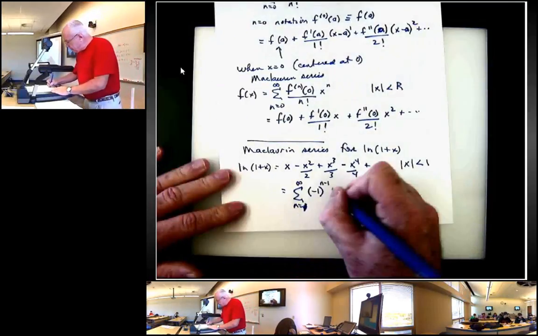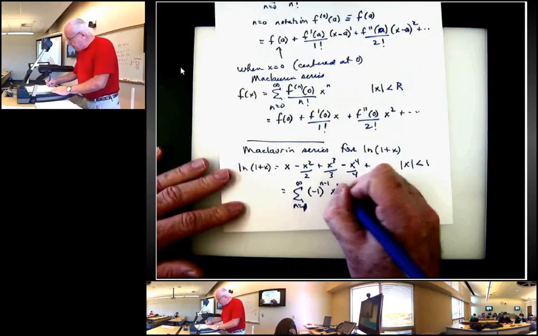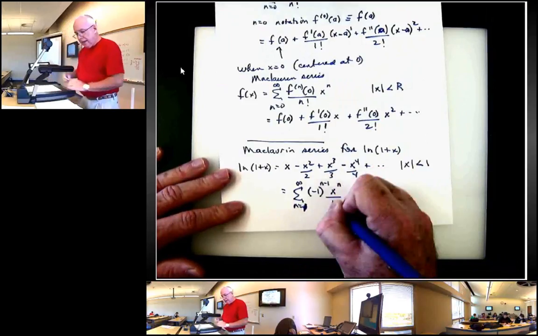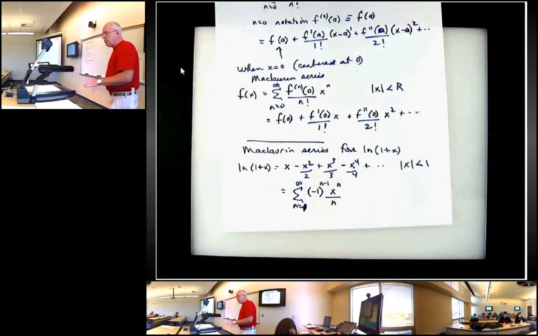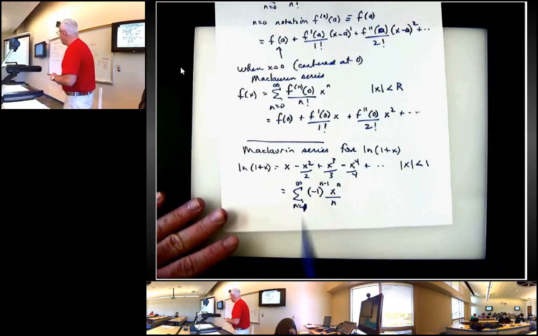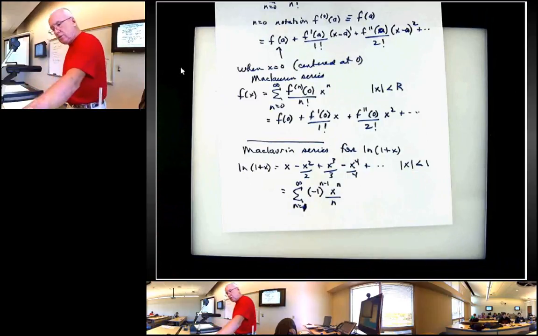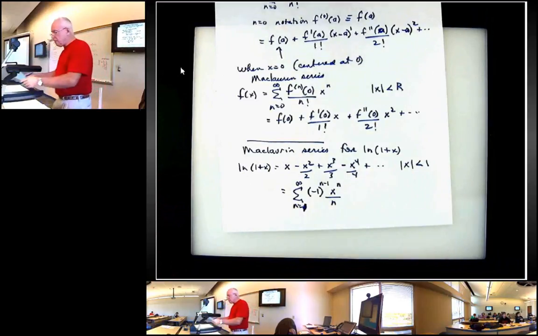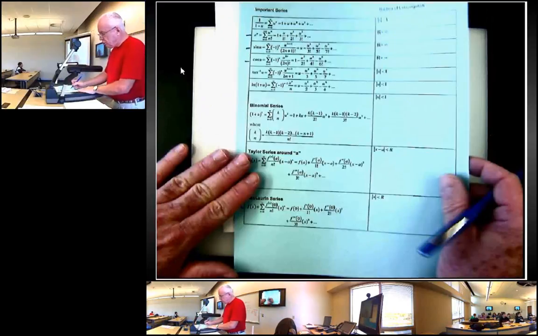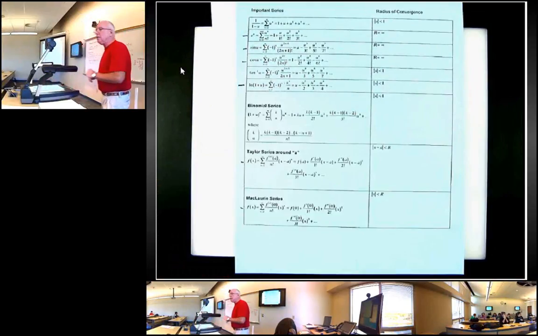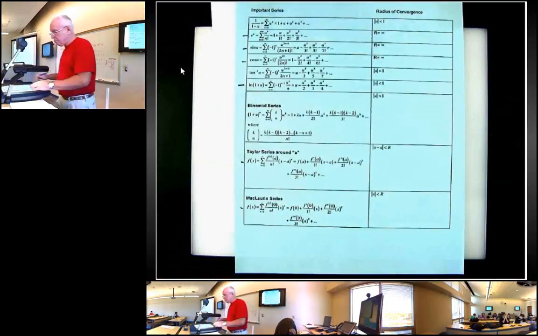And then that's going to be x to the n power divided by n. You see these various terms satisfy that. And this representation is also on your sheet, right there, ln of 1 plus u.